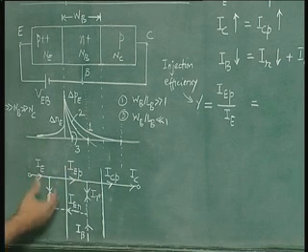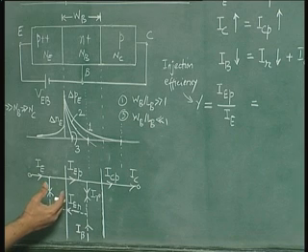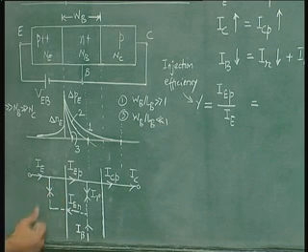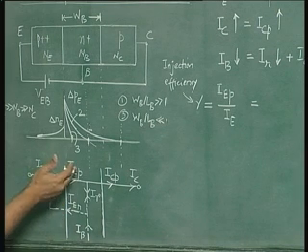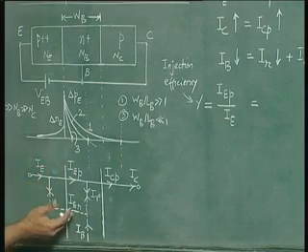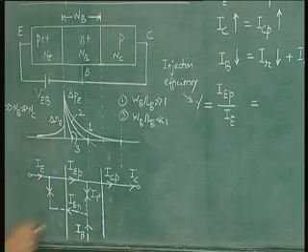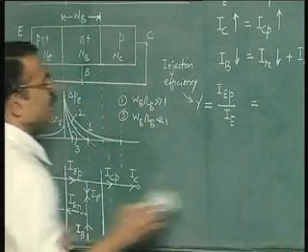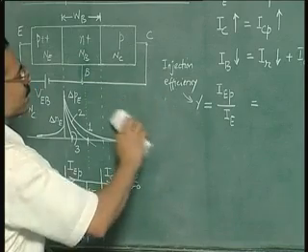So if you want an efficient device, then IEP by the total current shows the efficiency. That is why it is called injection efficiency. Let me rub this off to avoid cluttering.